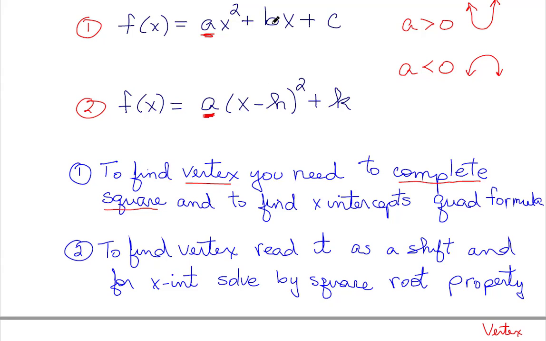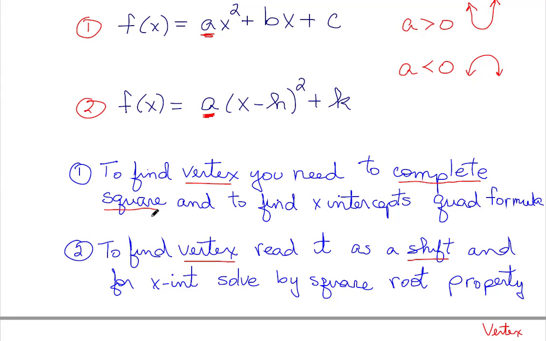And to find any x intercepts on the first form, I either have to be lucky to factor it or use the quadratic formula. In the second format here, to find the vertex, I can just read it as a shift. It's been moved left, right, up, or down. And to find the x-intercepts, I'm going to use the square root property.